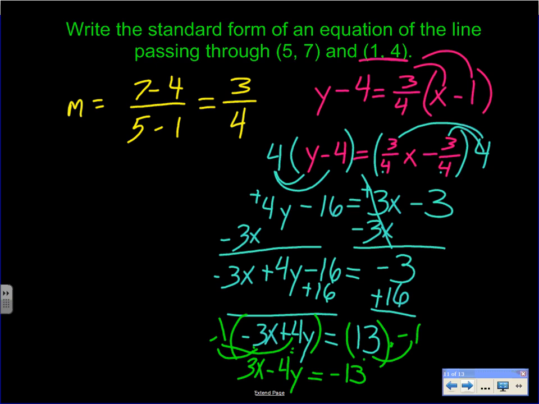Now, this final step of multiplying by negative 1 could have been resolved clear up here in this step. In this step, if I had not subtracted 3x from both sides, if I would have actually kept 3x on the right side, if you need any more of this, you might want to pause the video and write it down, because I'm going to erase some of this for you.